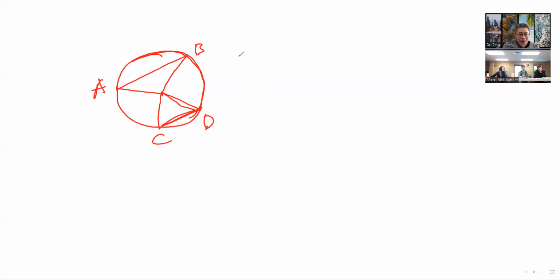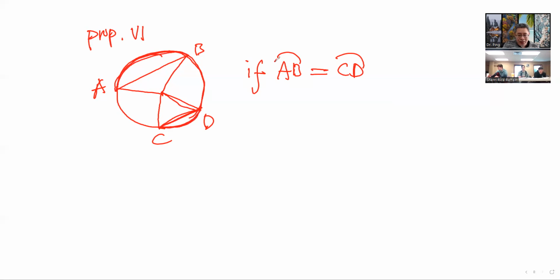If the arc AB and arc CD are congruent, then the chords are congruent. If not equal, if this arc is longer than this arc in the same circle, then we know this chord is longer than that chord. Then AB is greater than CD.